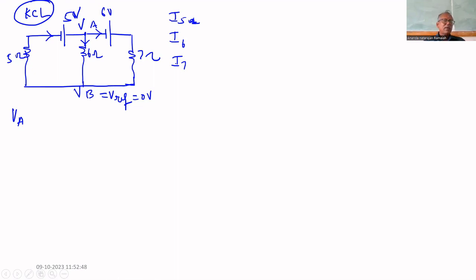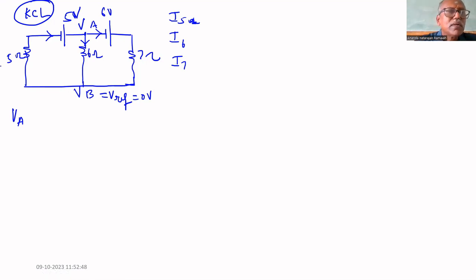If the current is entering the junction, it is positive; if the current is leaving, it is negative. If we spend something, it is negative; if we get something, it is positive. In the same way, the junction gets something, that's why positive, and the junction loses something, that's why negative.